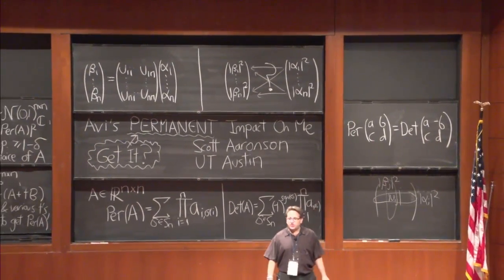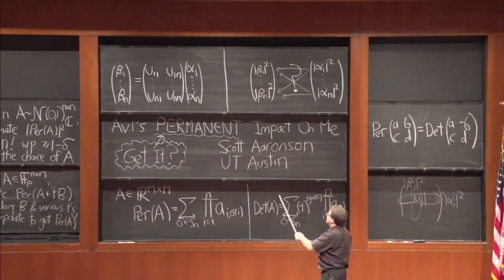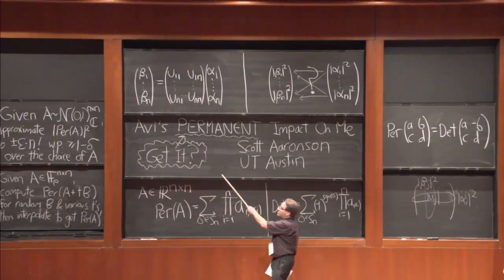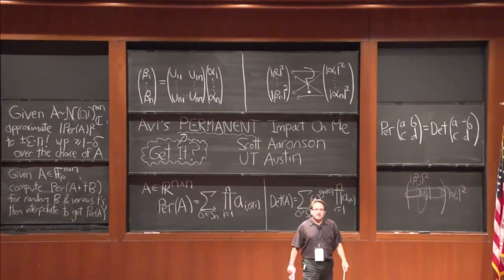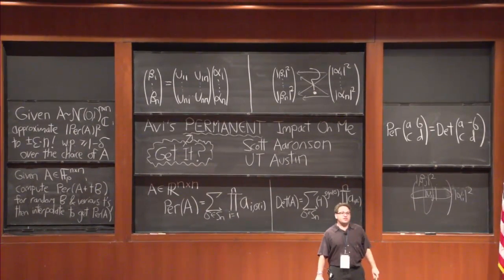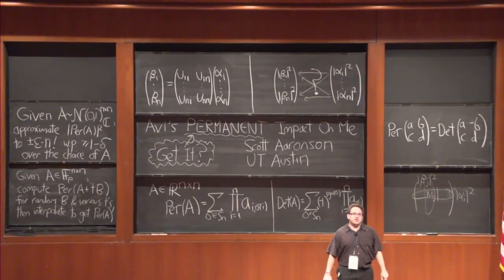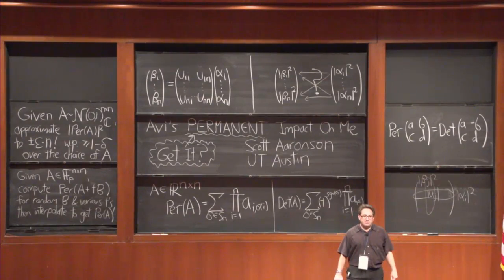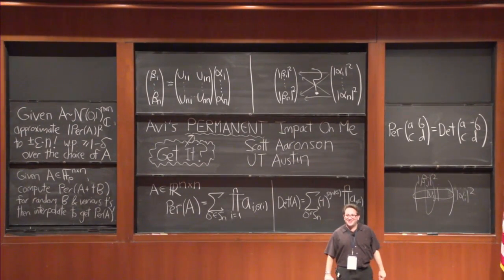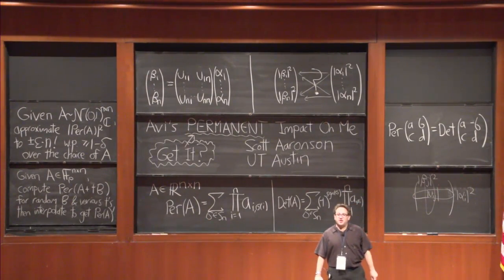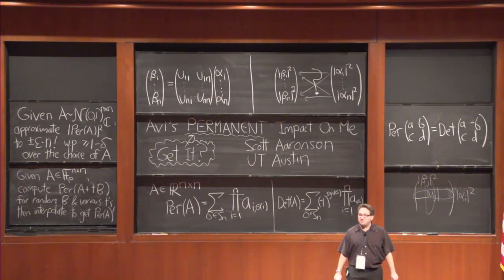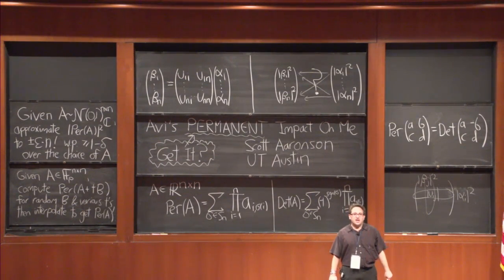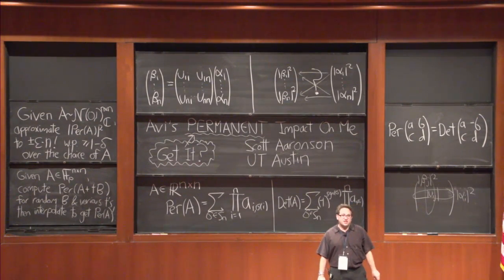If I were to corrupt my unitary or my initial quantum state by some small epsilon, then could that ever induce a huge change in the matrix of joint probabilities that I would produce by this scaling process? If you want to ask computational questions about this model, that turns out to be an extremely important question. And I conjecture that this thing is noise stable, but I don't know how to prove that.